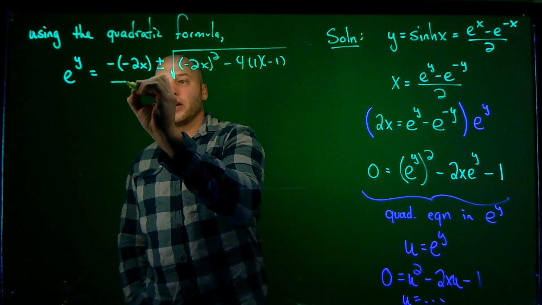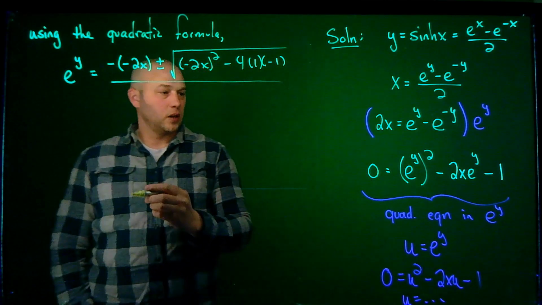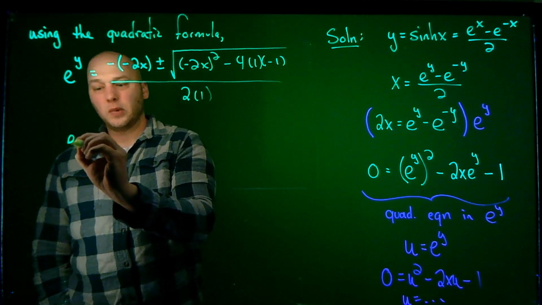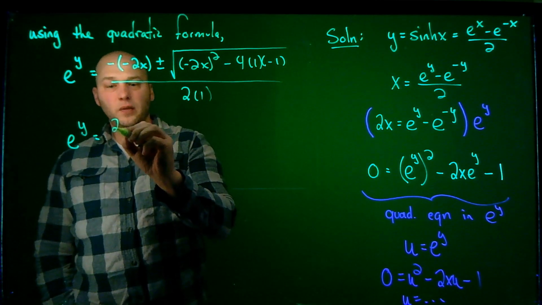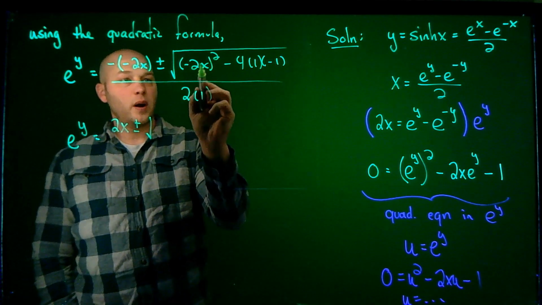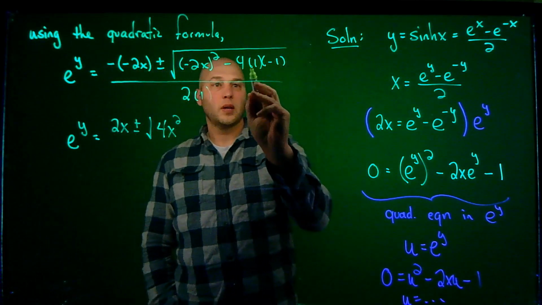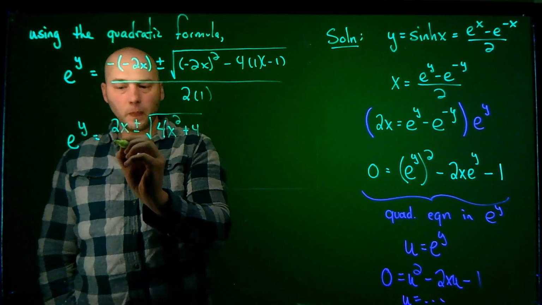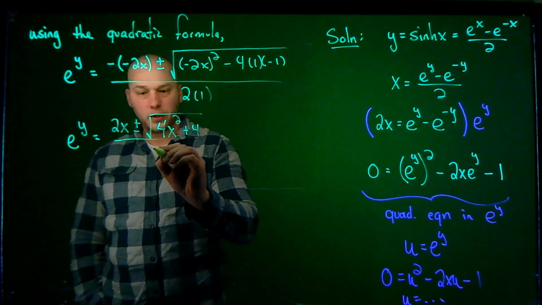And then all over 2a, where again a is the coefficient of the squared term, so that gives me 2 times 1. Now this gives me e to the y is equal to positive 2x plus or minus the square root. The square of negative 2x would be 4x squared. Negative 4 times 1 times negative 1 would be plus 4. And then all over 2.